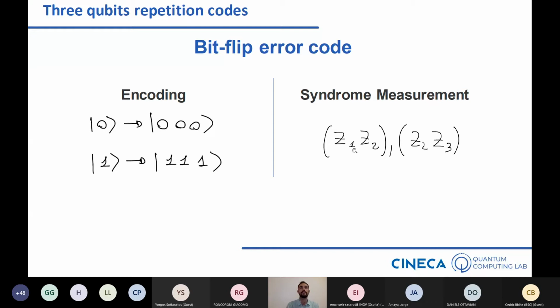And by measuring the state zeta 1, zeta 2, or zeta 2, zeta 3, where zeta 1 is the zeta operator, and the 1 and 2 or the 2 and 3 refer to the index of the qubits, you can perfectly understand where the bit flip error happened.